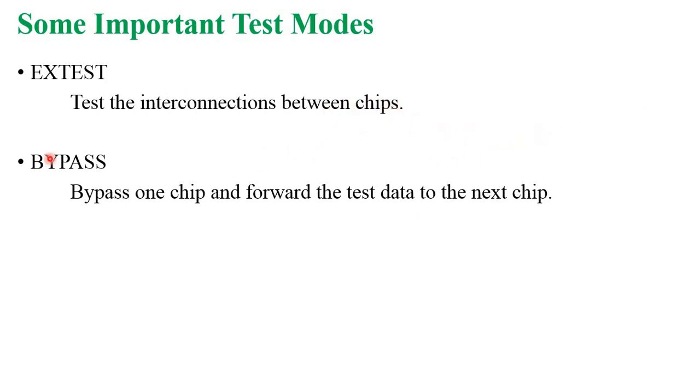Why? Because all are serially fed. First is over, next we can test it. If the test is not for the first one, it simply bypasses. That means it eliminates the first chip and takes the data into the next chip. The bypass, that means test modes are present.